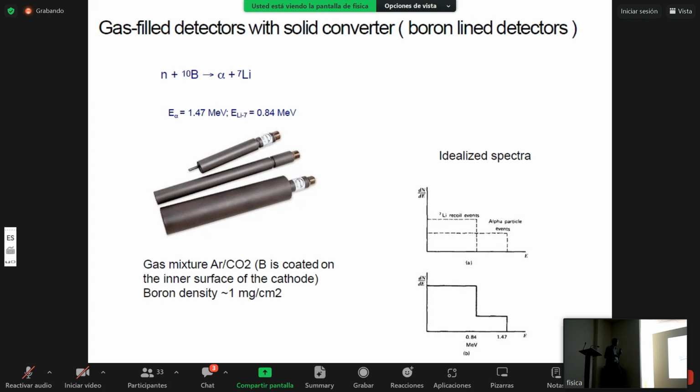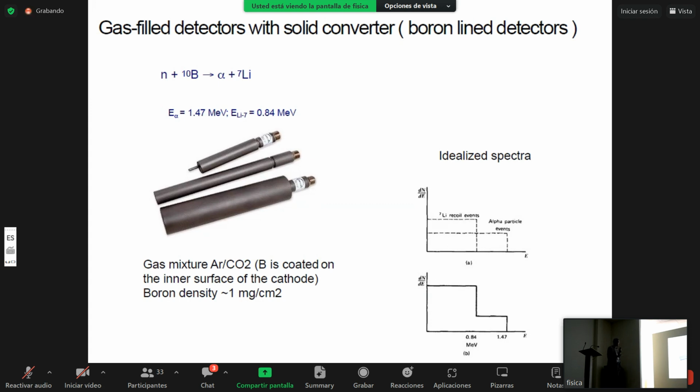But in this case you have one problem. When you coat boron on the surface, you have two recoils that move in different directions, and if the interaction happens somewhere inside the detector, you can detect two particles and measure all the energy deposited in the detector.